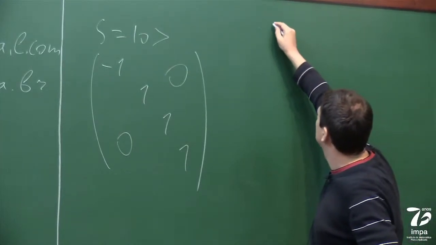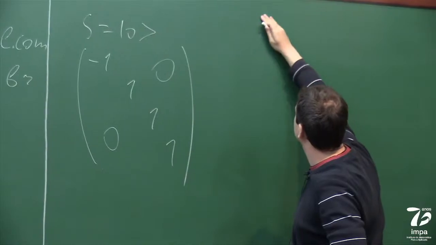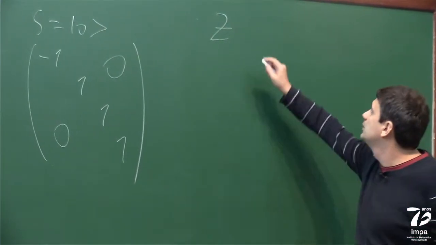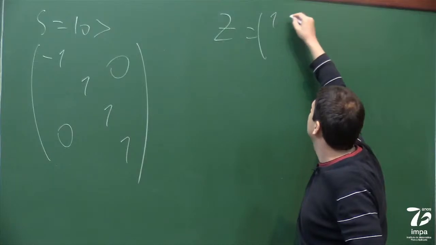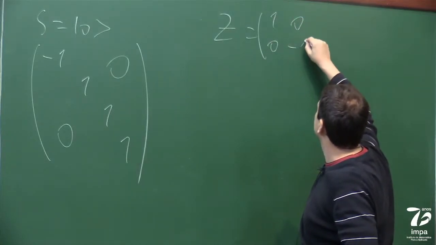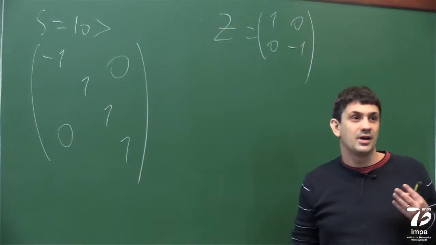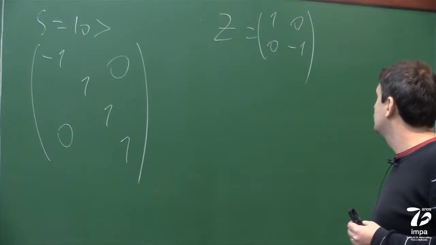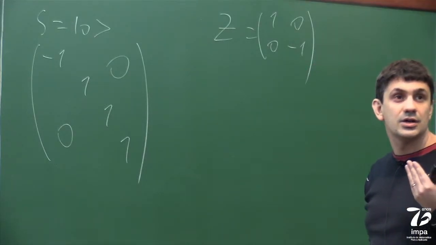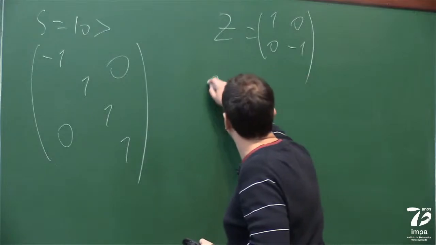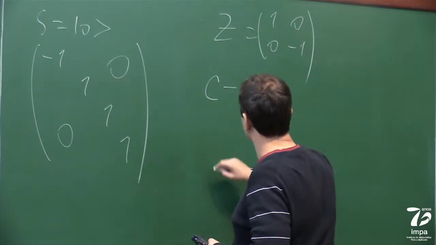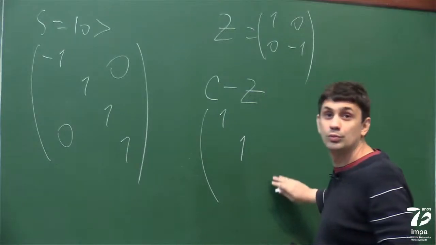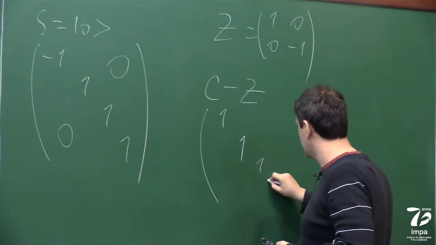Let us remember that there is a Z operator, which is 1, 0, 0, minus 1. Let us see how it acts as a controlled Z: it would do 1, 1, and you put matrix Z here, so 1, minus 1.